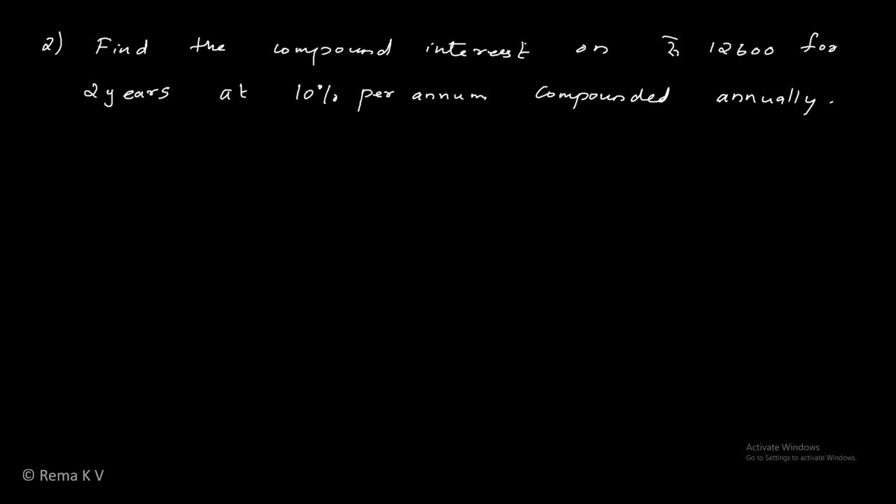Find the compound interest on rupees 12,600 for 2 years at 10% per annum compounded annually.